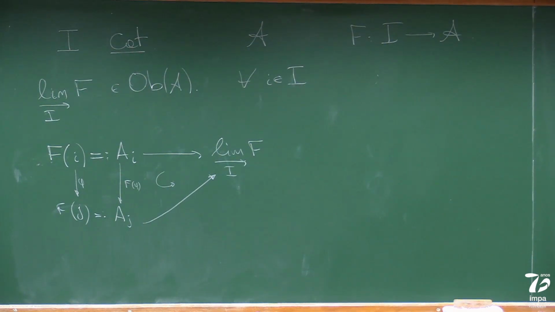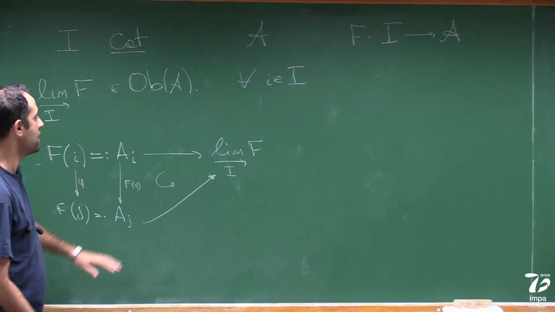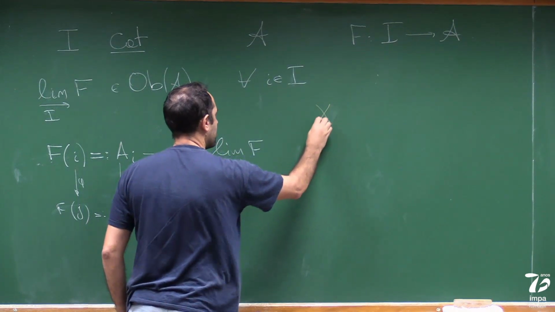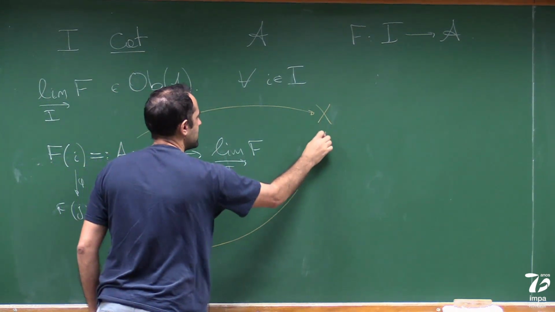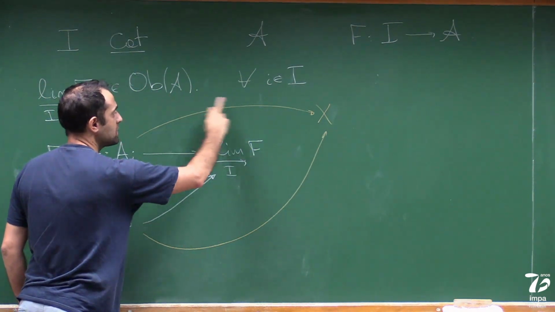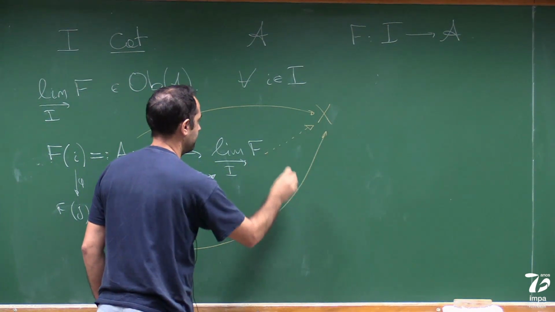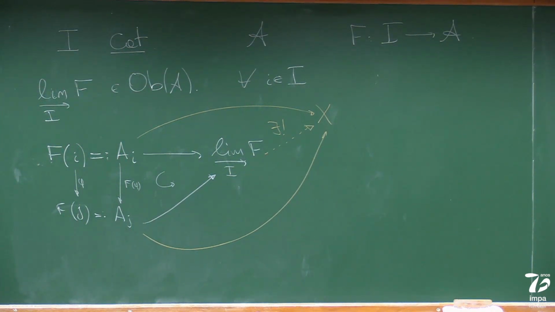And finally, the universal property is that this object is universal for this. Namely, if you have any other object, let's say X, and maps from A_i to X, and for every arrow in I this diagram commutes, then there exists a unique map this way. So that's the definition of what a colimit is.